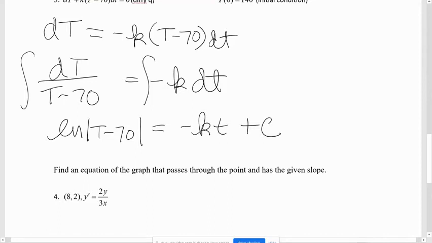All right. In this case, we are going to solve this for T. I guess it doesn't say that you have to, but with that initial condition, it's kind of implying that you need to solve this for T. So if I want to solve this for T, I'm going to do e to the power on both sides.